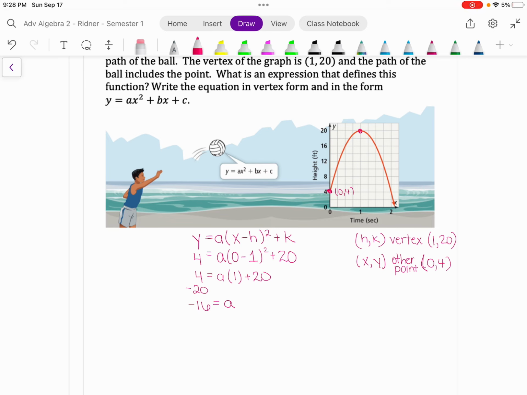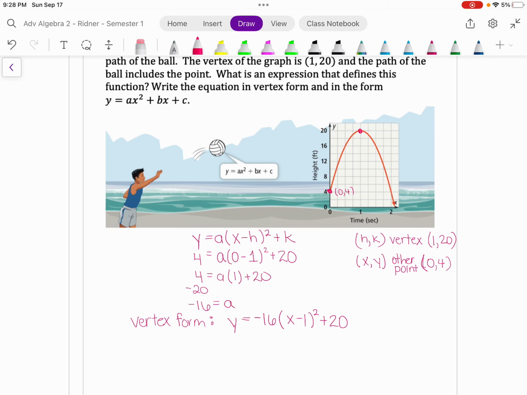And so to write that in vertex form, I keep the y and x. So think about what you type into Desmos. We just keep the y and x. a is negative 16, so it accounts for that reflection there. x minus 1 quantity squared, and then plus 20. So that's our vertex form, okay?